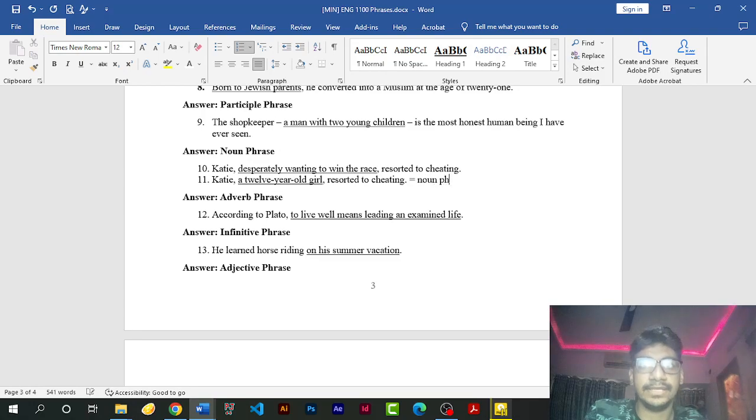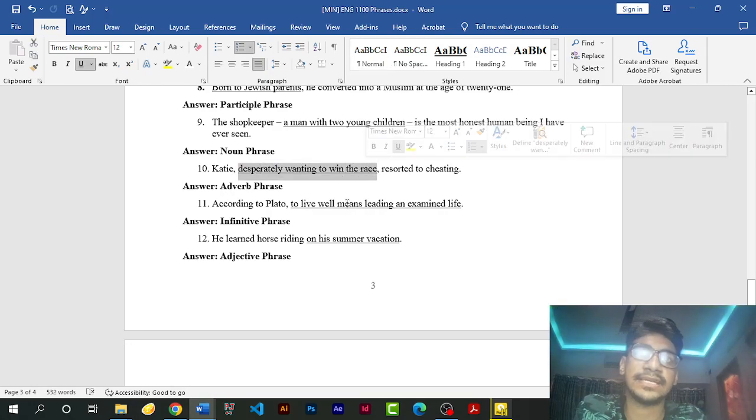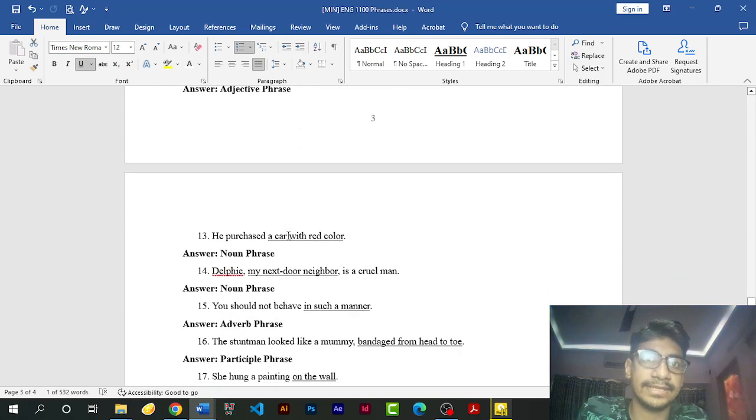A noun phrase. Do you get it? But here it's not actually a noun in this underlined portion. So since the word with ly was the first word, it's an adverb phrase.